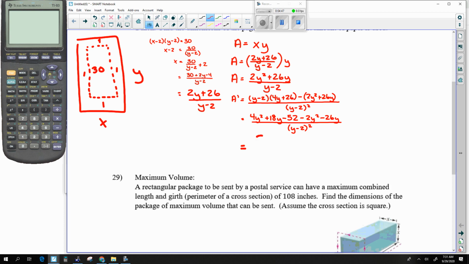So this is 2Y squared minus 8Y minus 52.